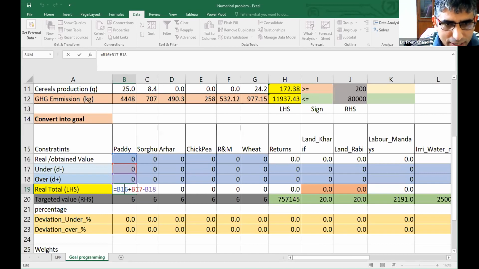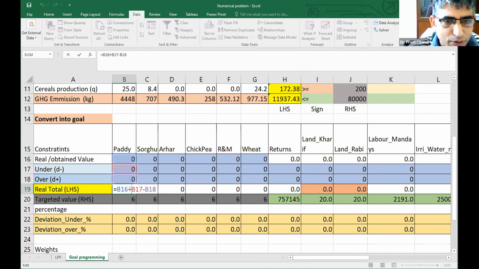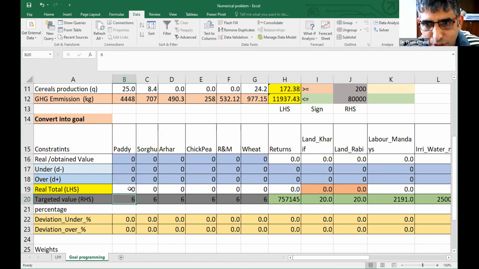So I have added this negative deviation and subtracted positive deviation. Likewise, in all the six crops, I have equated this one goal into a balance equation. This is my equation, means goals expressed into equations.